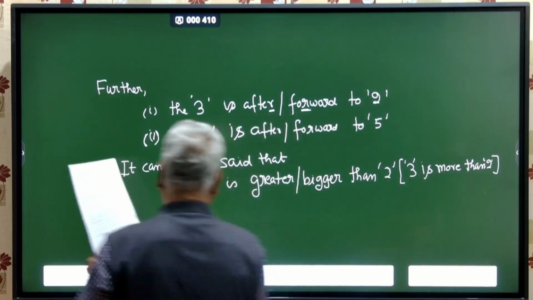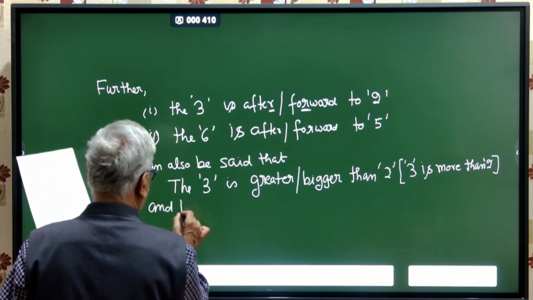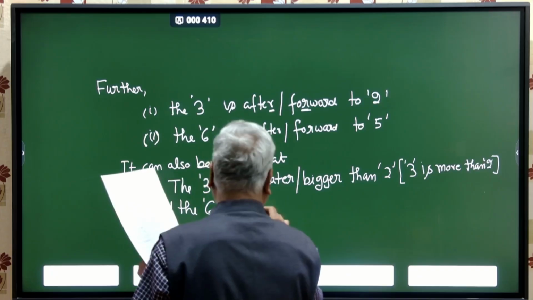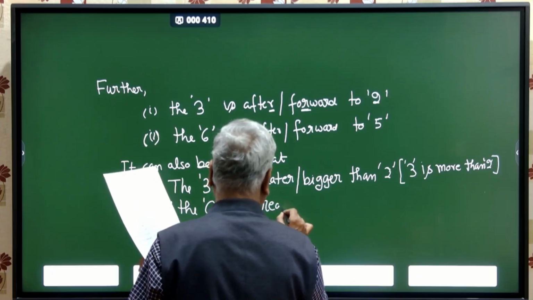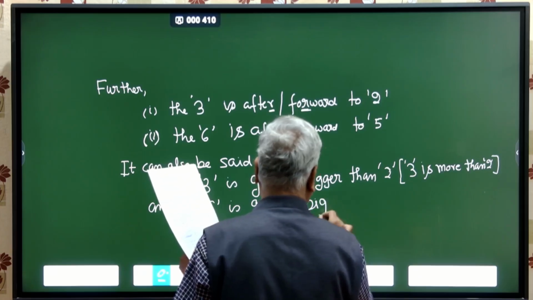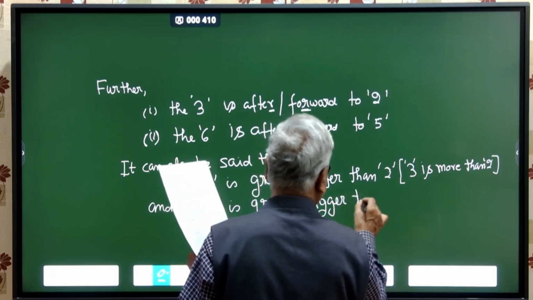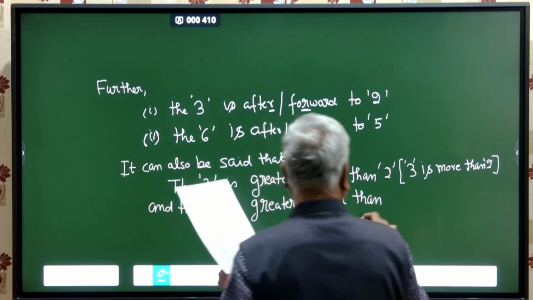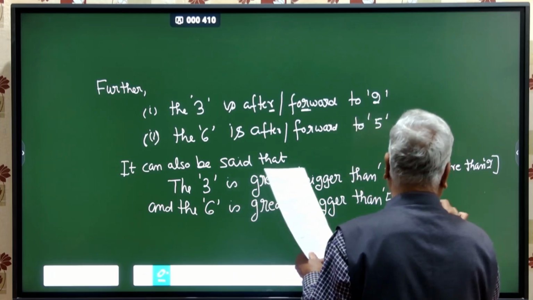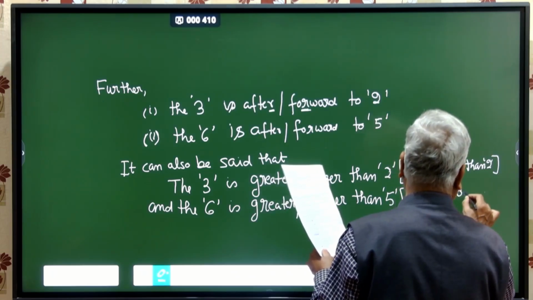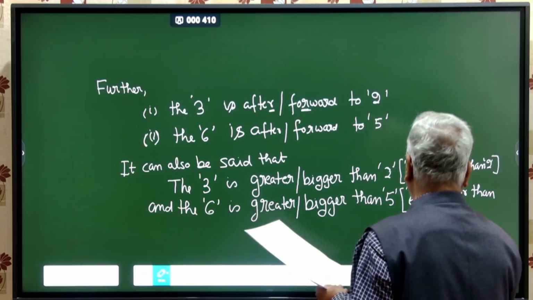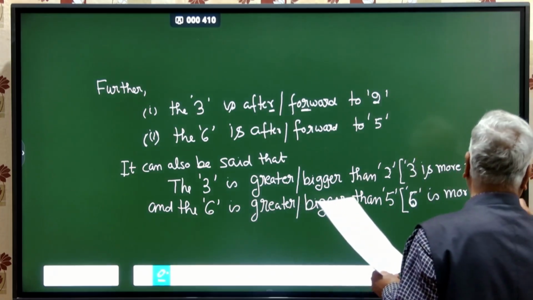Again, the 6 is greater or bigger than 5, or 5 is more than, नहीं 6 is more than 5.